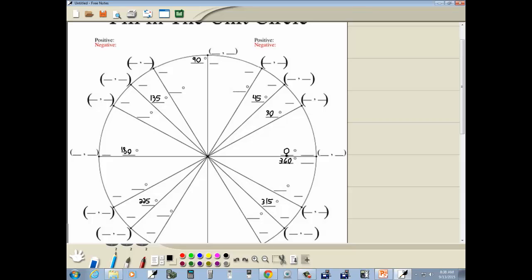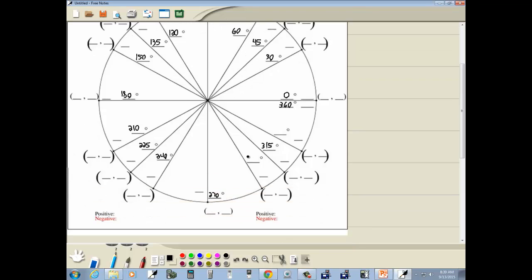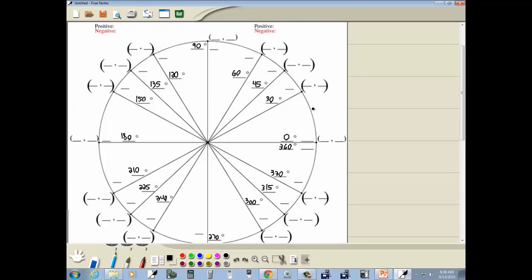So start with 0 degrees, plus 30 is 30 degrees, plus another 30 is 60, plus another 30 is 90, plus another 30 is 120, plus another 30 is 150, plus another 30 is 180, plus another 30 is 210, plus another 30 is 240, plus another 30 is 270, plus another 30 is 300, plus another 30 is 330, then of course another 30 is 360.